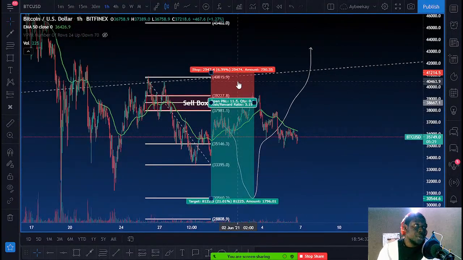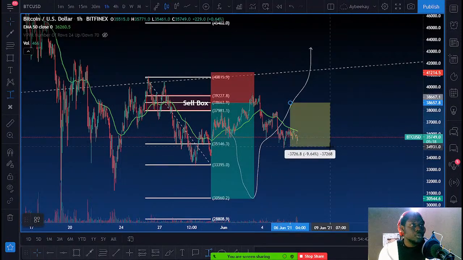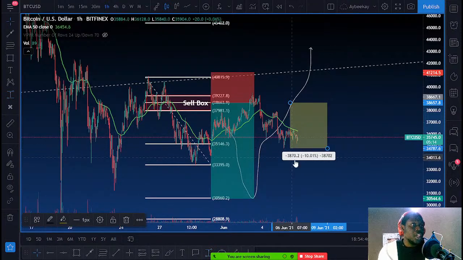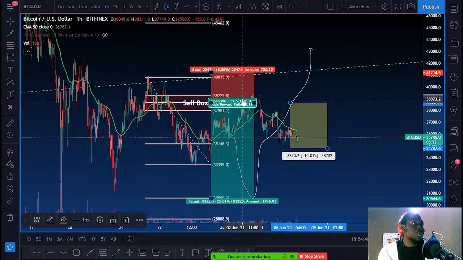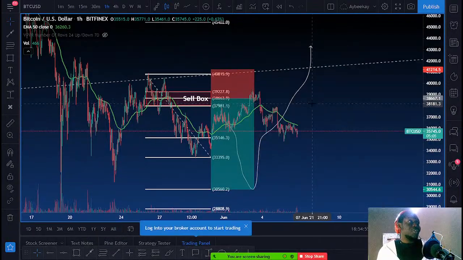Your risk reward would be 1 to 3.19, and you would be currently up. Price would have pushed 3,870 pips in profit for you, and that would have been more than 1 to 1. So your trade will be at break even, basically.